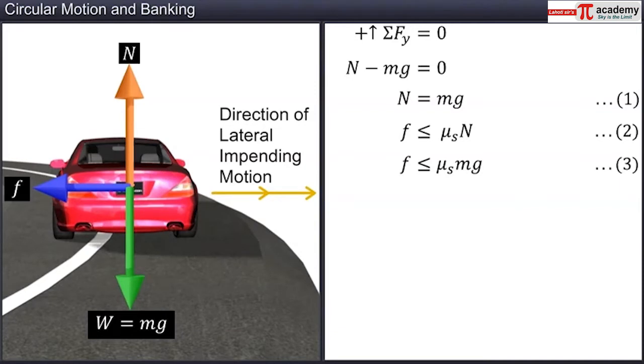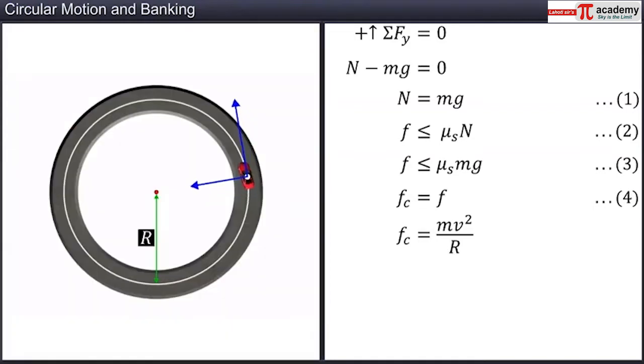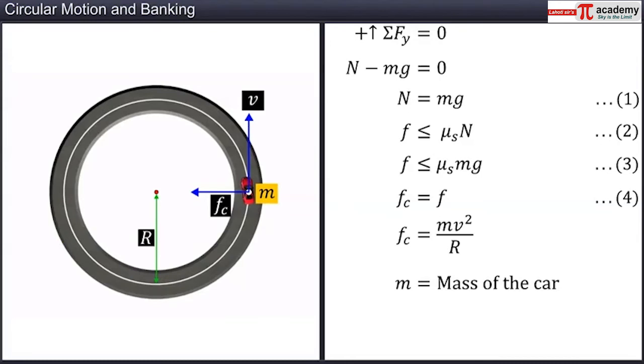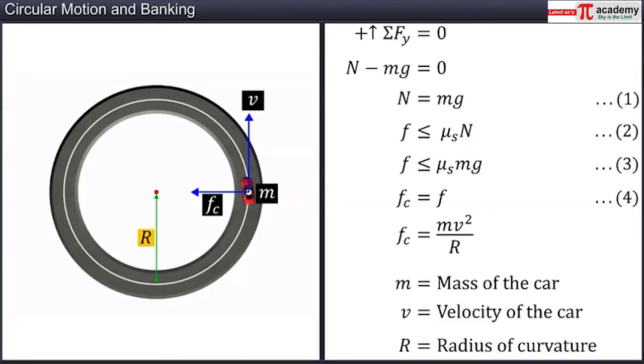The centripetal force, Fc, is equal to the frictional force F. Let this be equation 4. However, Fc is equal to mv square by r, where m is the mass of the car, v is the velocity of the car, and r is the radius of curvature.